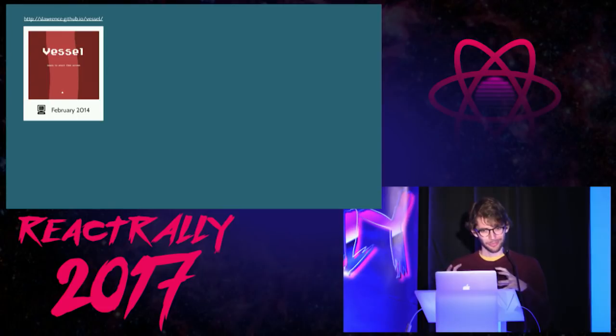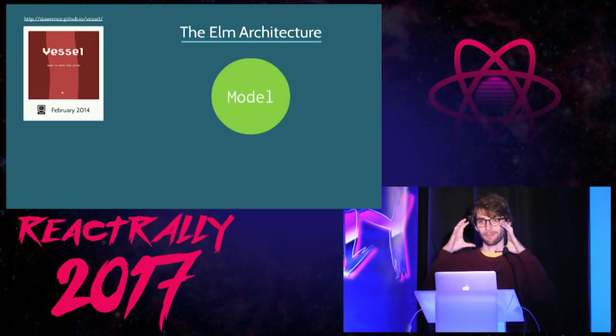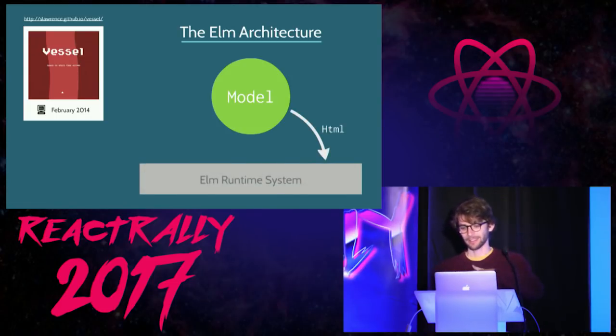And so this was when I started to notice, okay, there's this pattern that sort of Elm wants us to write code in a certain way. So this is when the Elm architecture sort of got a name, even though everyone who used Elm had been doing this kind of pattern. And the idea is that you have a model that says what's going on in your application, and it creates HTML. That gets sent to the Elm runtime system. It renders it, deals with the DOM, does the diffing, all that kind of stuff.